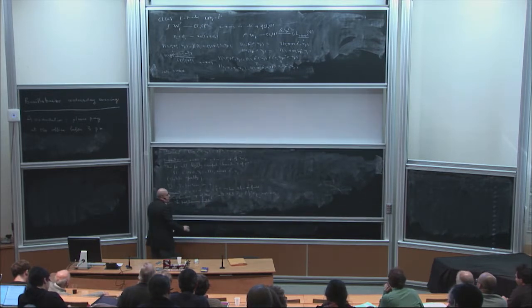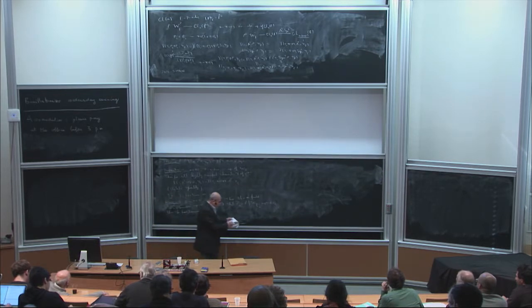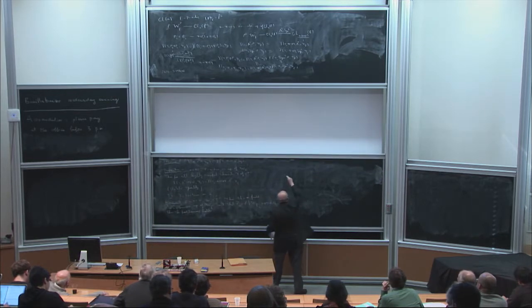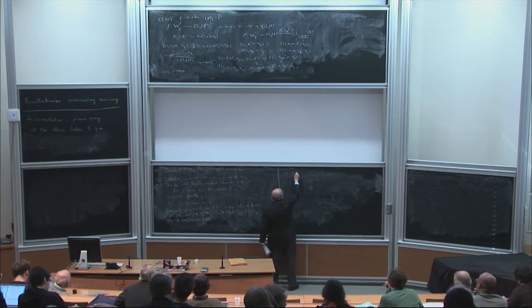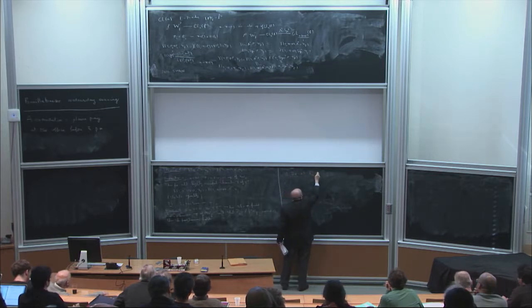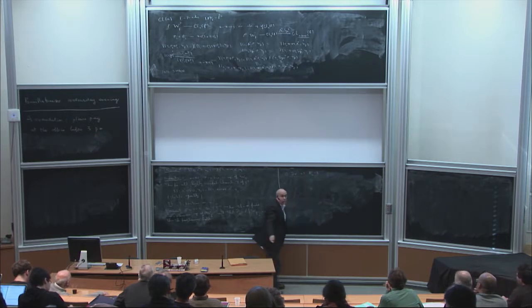Let me write the results over there. First of all, there exists a place v such that K_v is equal to F, our local field.